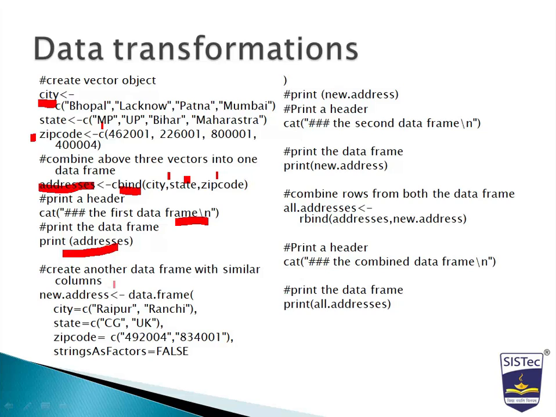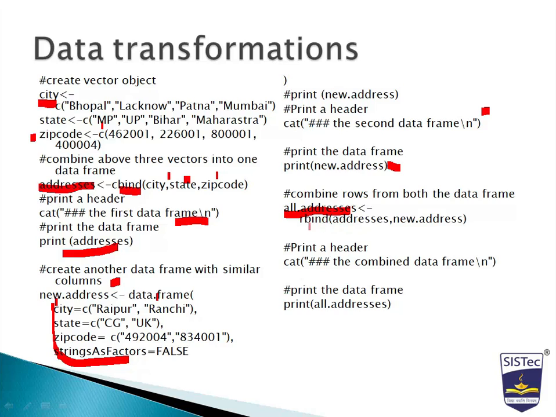Then we create another new data frame, new addresses, with the function data.frame, and we also store similar types of values here, and then we print a header, second data frame, and we print the second data frame that is newly created. Then we combine data frame 1 and data frame 2 together to merge them. So we create a new all.addresses.